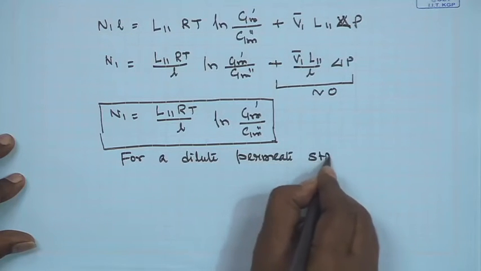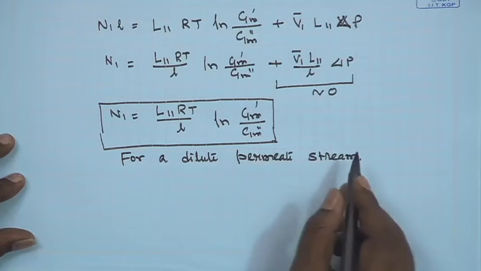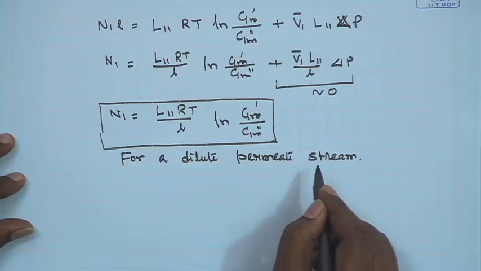Why will it be a dilute permeate stream? Because that is very important in reverse osmosis, where we are talking of separation of salts to a tune of 95 to 98%. So, the permeate coming out of the reverse osmosis system will be very dilute, its salt concentration will be very low, close to a water solution.